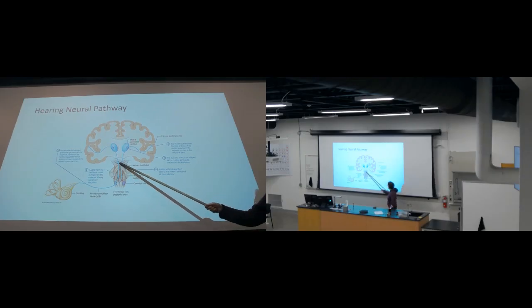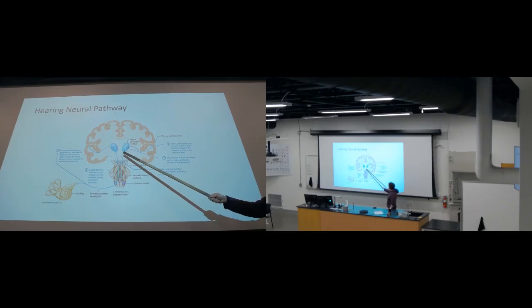The inferior colliculus receives auditory stimuli, and the superior colliculus, if you remember, receives visual stimuli.